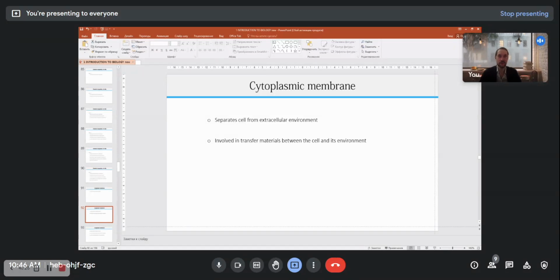So the cell has to be in interaction with extracellular space, and this is also done with the help of the cytoplasmic membrane. The cytoplasmic membrane is involved in transfer of materials between the cell and its environment. Also, it is involved in informational interaction between different cells.